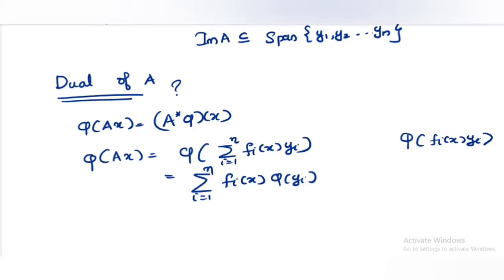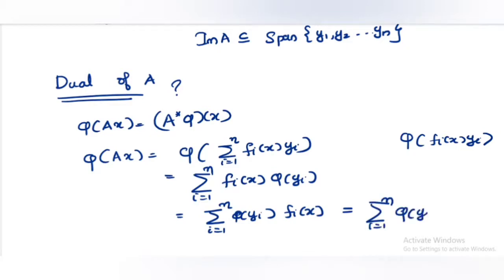Okay, and this we can write as phi of yi into fi of x, and this is the same as sigma i equal to 1 to n phi of yi fi of x.